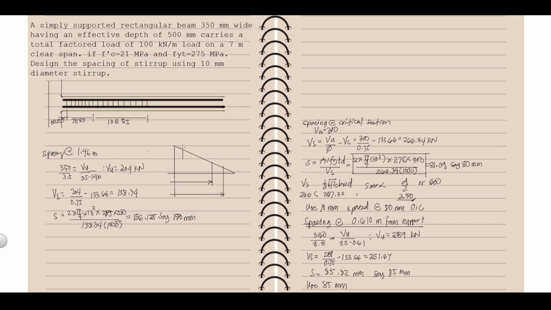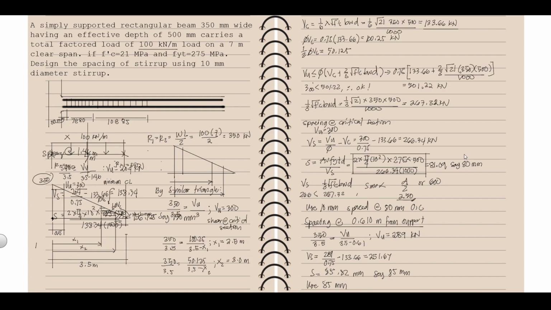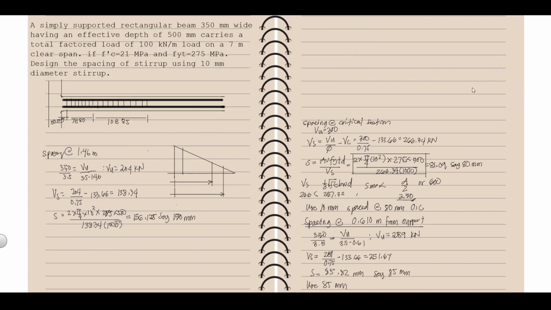Ito natin yung VU at critical section. So itong length na to is 2.5 tapos 3, no? So 2.5 as our x1 tapos 3 ito.